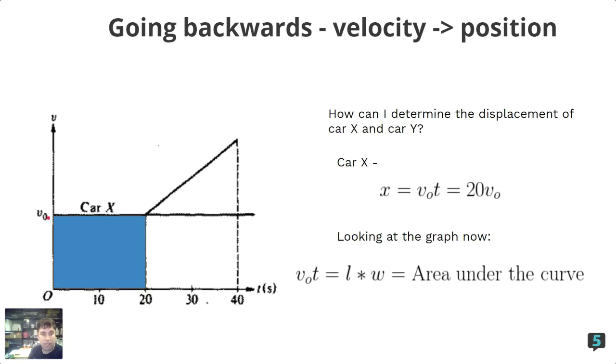This again is showing that on a velocity time graph, if you look at the area underneath the curve, you get the distance that the object has traveled. So in this case for the car, we're looking at length times width. My length would be 20, my width would be V naught. So I would still get 20 V naught in there. It's the area under the curve.